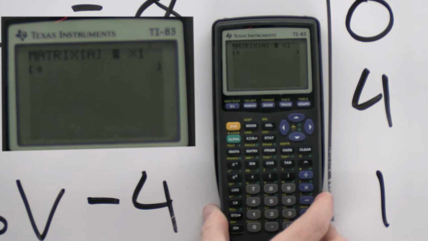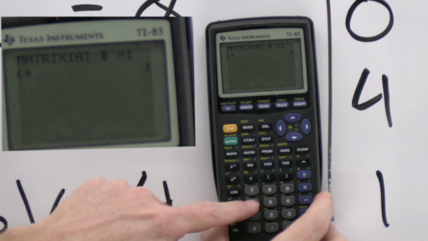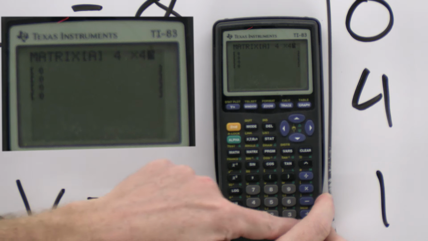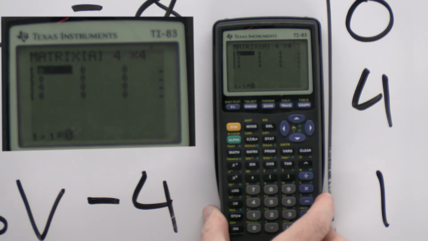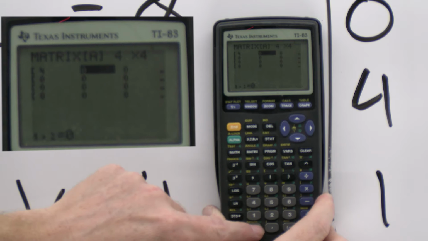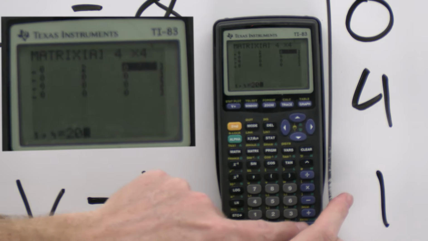In this case, I actually want it to have 4 rows and 4 columns. So it's going to be a 4 by 4, not a 1 by 1. All right, so now it's a 4 by 4. And then I'm going to start putting the terms in. So the first row was a 4, enter, 0, enter, 2, enter, 20, enter.